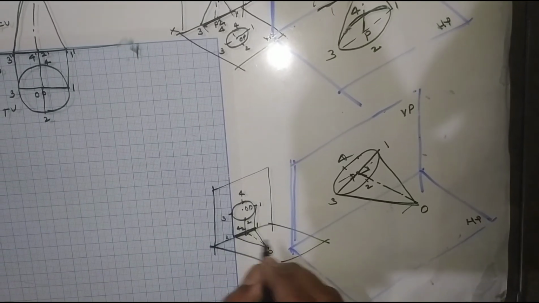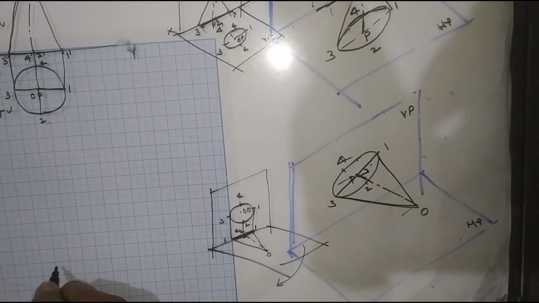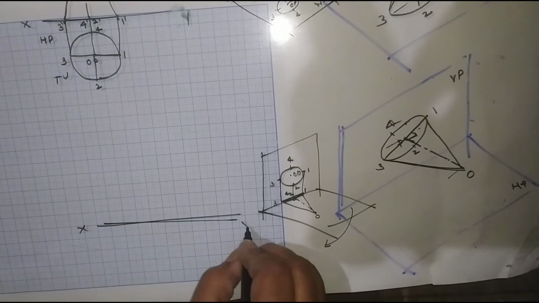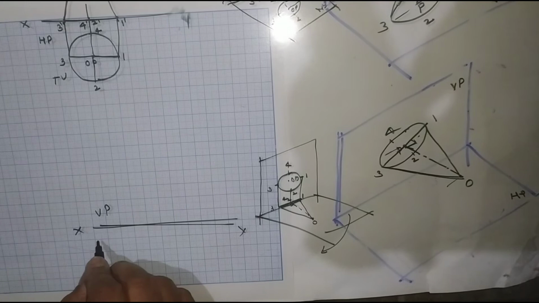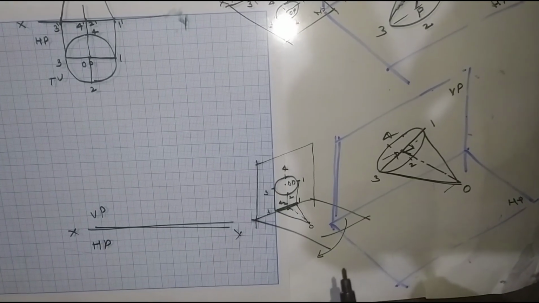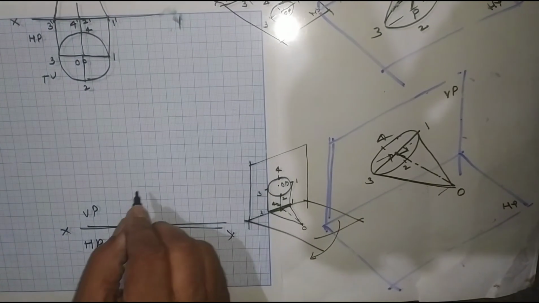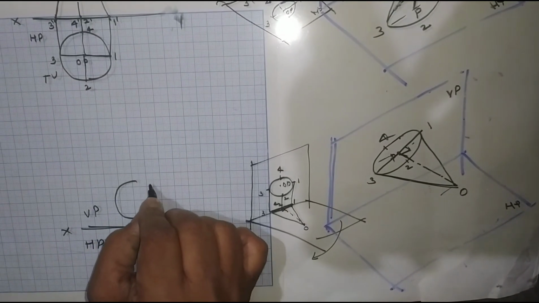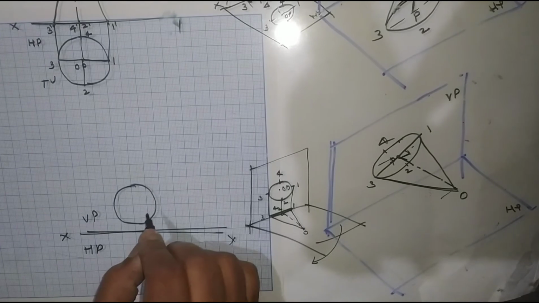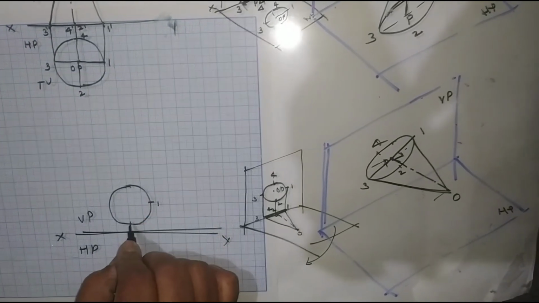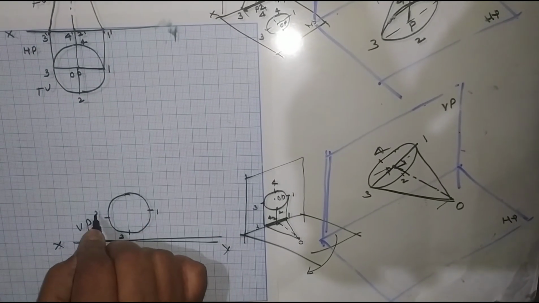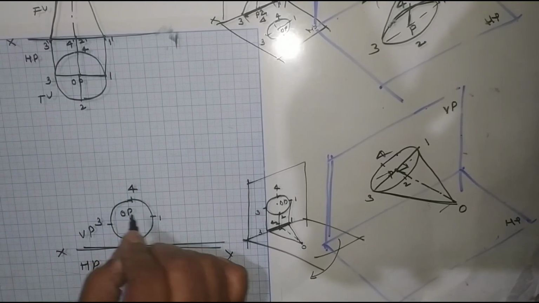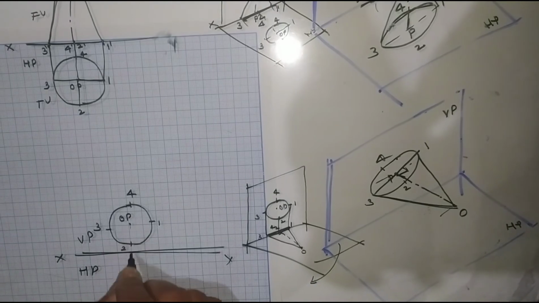This is OP. We have to rotate this HP, that is the XY line here. Now XY, VP, HP. Which view are we drawing here? First you draw the circle. That is very important, because the axis is perpendicular to VP. This is your point 1, 2, 3 and this is your point 4. This is OP, the axis here.